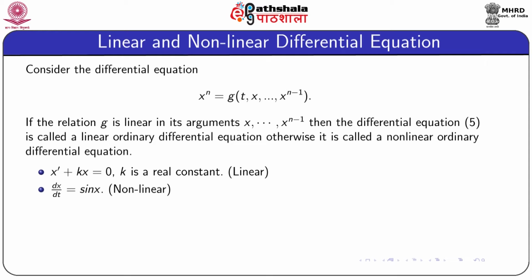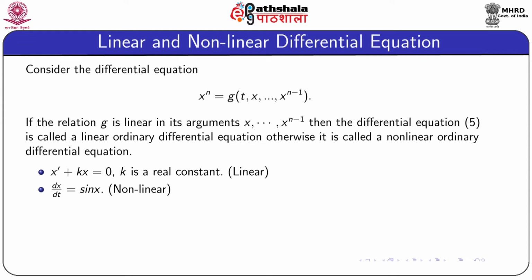We consider the differential equation d^n x/dt^n = g. If the relation g is linear in its arguments x, x', ..., x^(n−1), then the differential equation is called a linear ordinary differential equation.